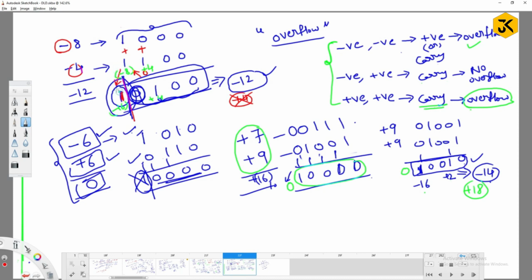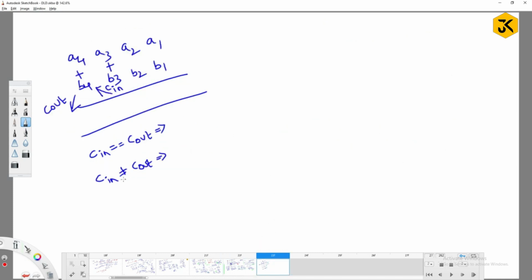Right? So carry out is 1, carry in is 0. When carry out is 1, carry in is 0, what is the meaning of this? Overflow occurred. So simply that logic can apply, right? When carry in and carry out are not equal, there exists overflow. Whereas coming to this one, no overflow.